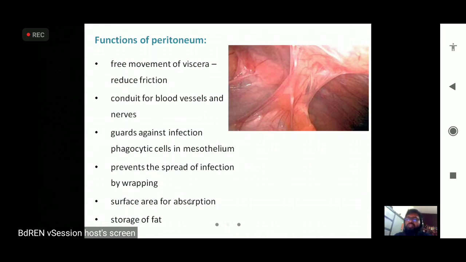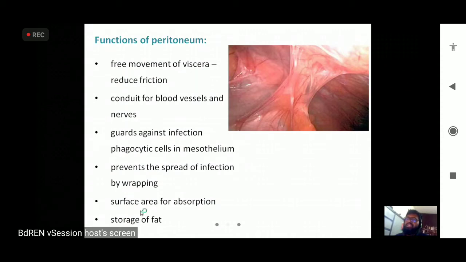And surface area for absorption, this is very important. There is the process of dialysis, where the kidney's function is done artificially, because the kidney is a major excretory organ. When the kidney fails, there are two kinds of dialysis. One is hemodialysis, that is by blood: they take out the blood by a machine, clear it up by the dialysis machine and return the blood to the body.